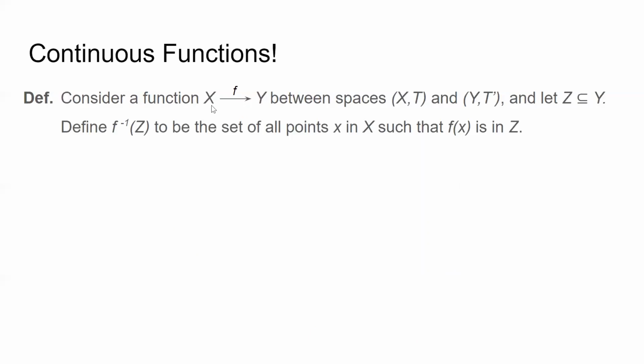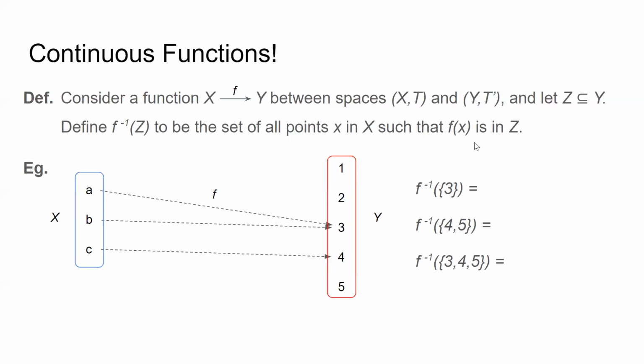Given a function f, say between sets X and Y, just take any subset of the target space, Z, say. Z is a subset of Y. We define f inverse of Z to be the set of all points in X such that f of x is in Z. And this is exactly what I was talking about before, about tracing back a function.